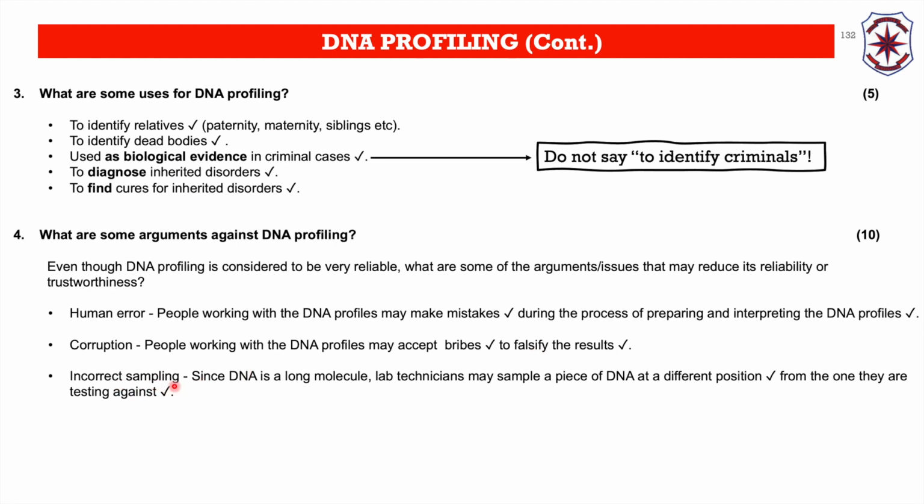Thirdly, incorrect sampling. Since DNA is a long molecule, lab technicians may sample a piece of DNA at a different position from the one they are testing against. So like we said, DNA is about 5 meters, 4 meters, some sources say 7 meters long. So if you find DNA at a crime scene, for instance, the technicians may sample the first, let's say the first 3 or 4 centimeters of the DNA.